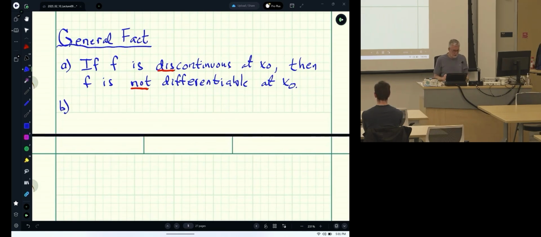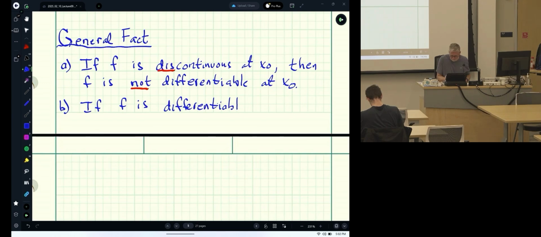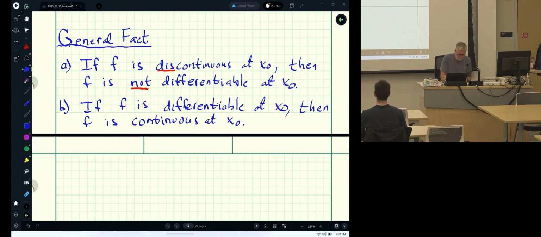Now I'm going to rewrite this and say the same thing. If f is differentiable at x0, then f is continuous at x0.